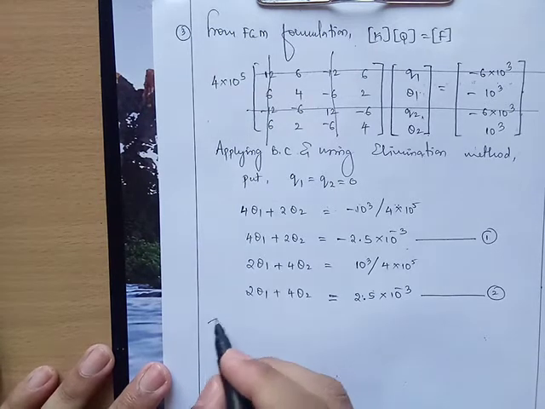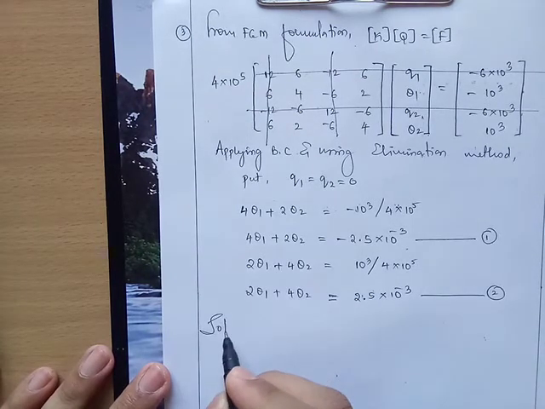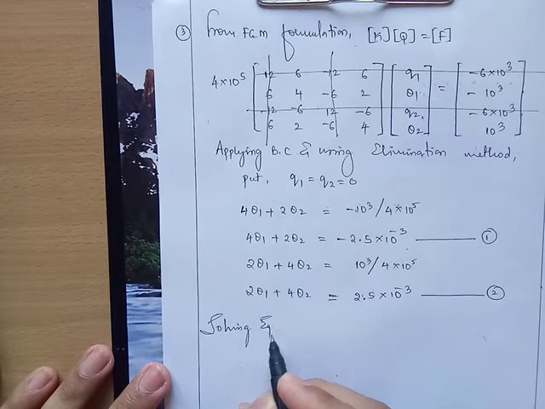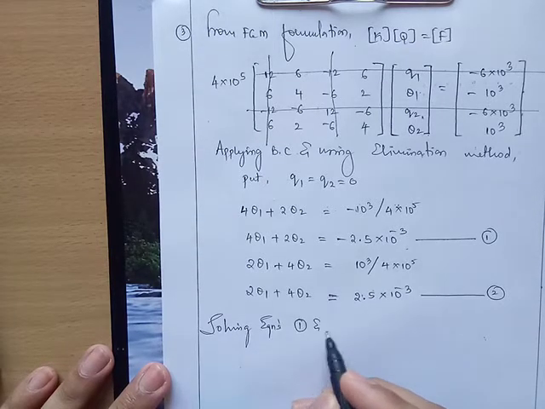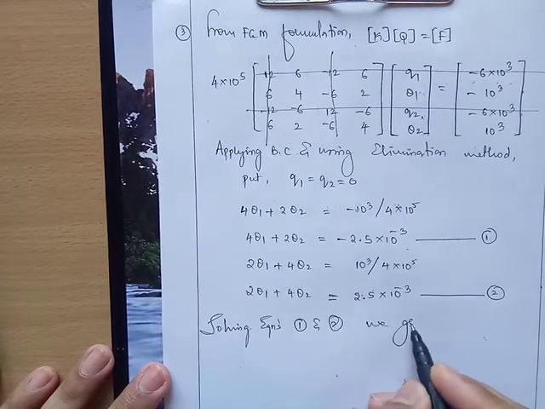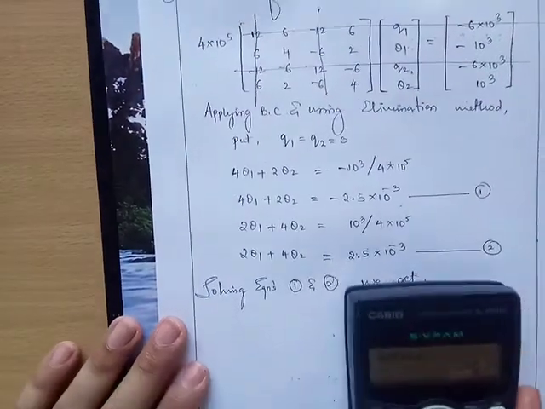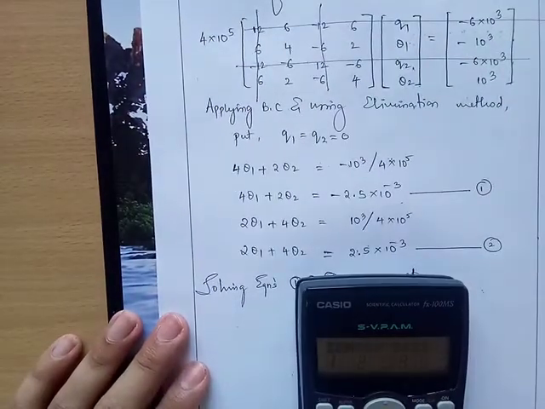So if you solve equations 1 and 2, we get, in the equation we are having two unknowns.